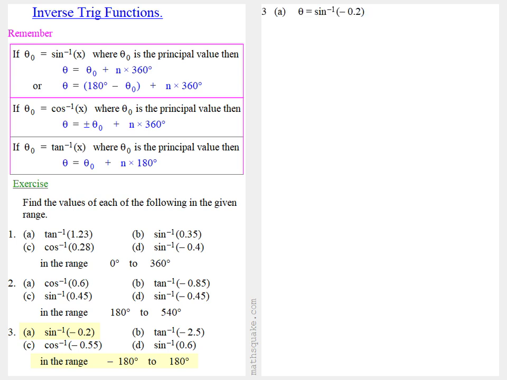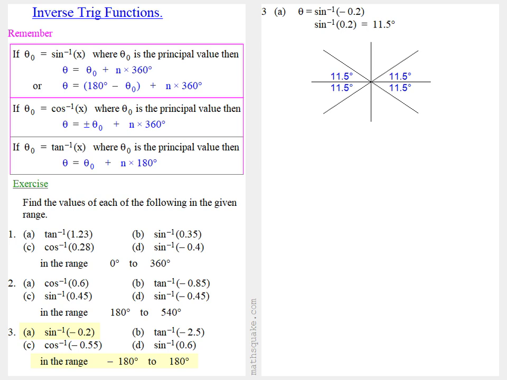And in part A we're asked to find the inverse sine of minus 0.2. Now the first thing we do, on the calculator we work out the inverse sine of plus 0.2, which is 11.5 degrees when rounded to one decimal place. We then draw some x and y axes, and we draw two diagonal lines going through the origin. We then label the angles between the diagonal lines and the x-axis as 11.5 degrees.